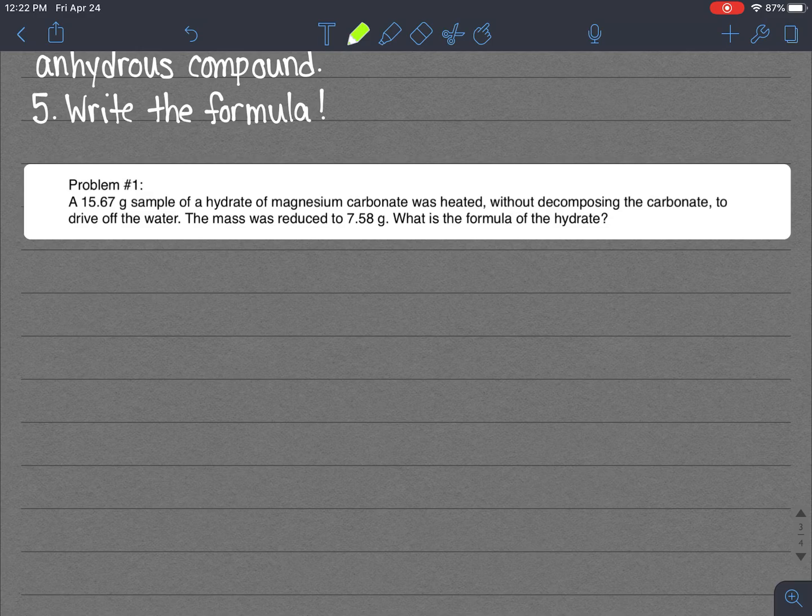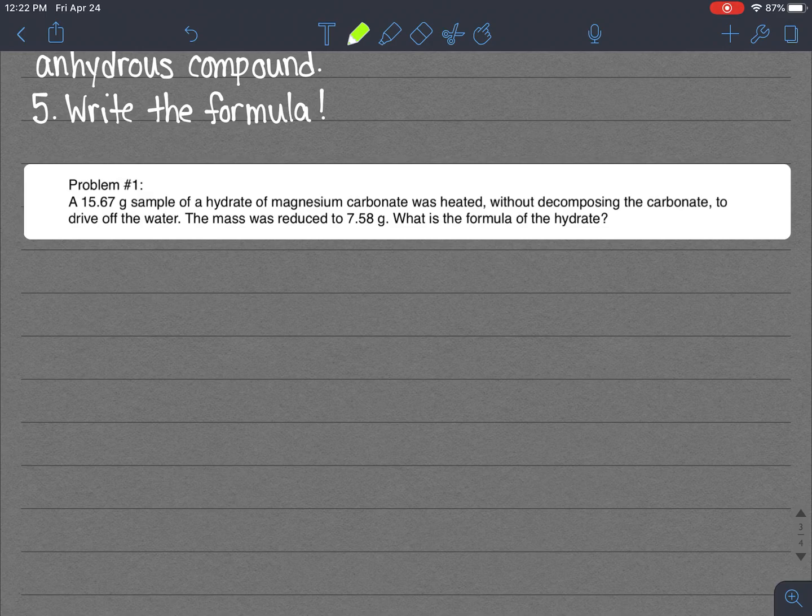Oftentimes in labs that involve carbonate compounds, our data is skewed because not only will we dehydrate the compound and lose water, we'll also unknowingly break down the carbonate compound itself, and additional mass will be lost due to carbon dioxide, and that will skew our results in the end. So we have to be very, very careful in lab when we're working with carbonate-based compounds.